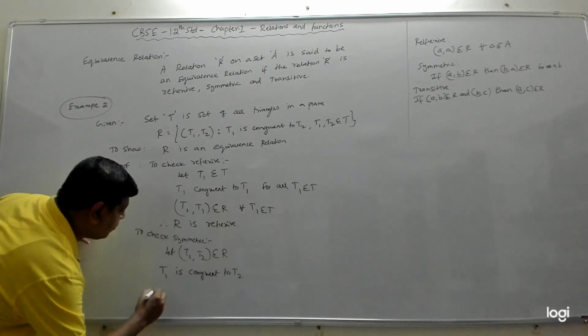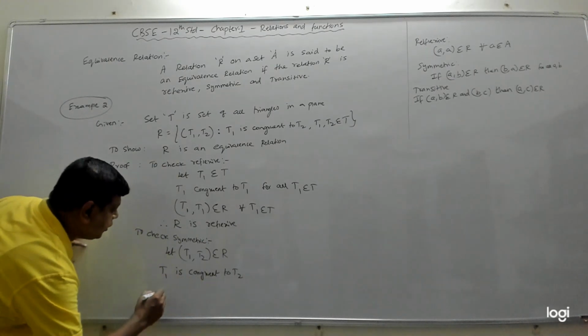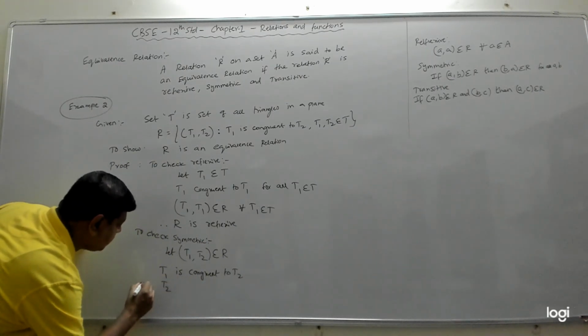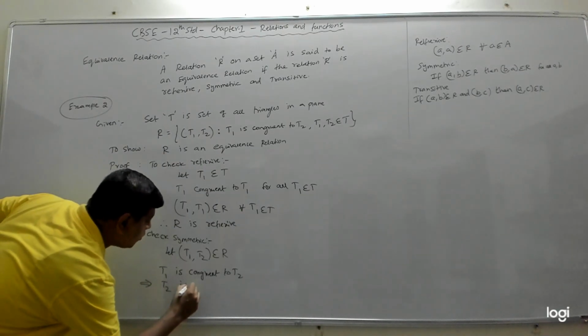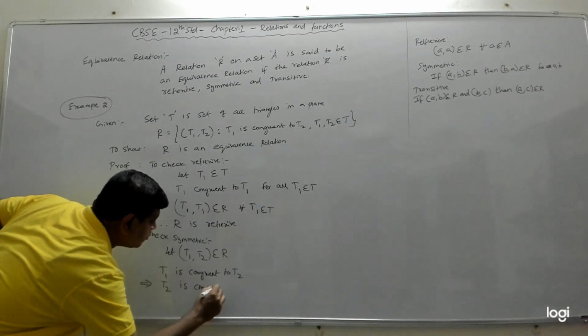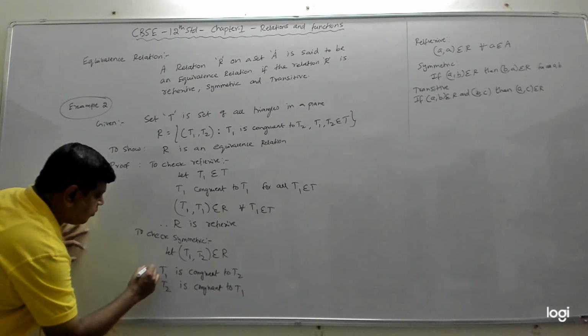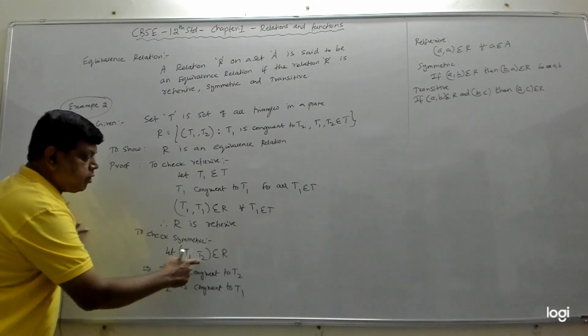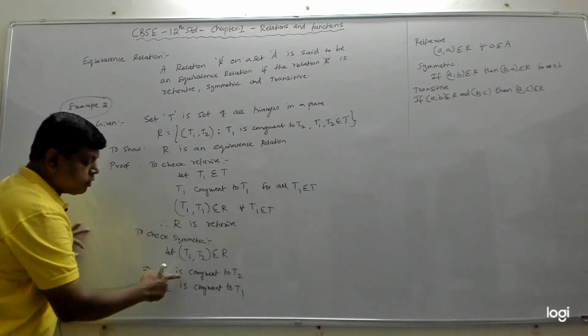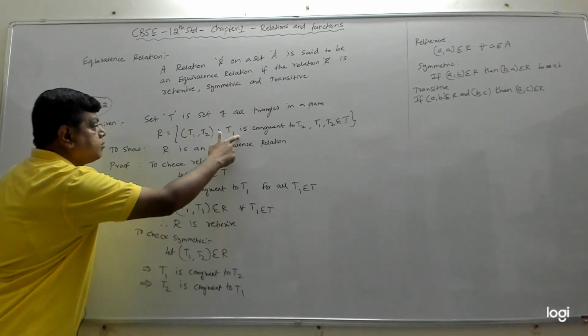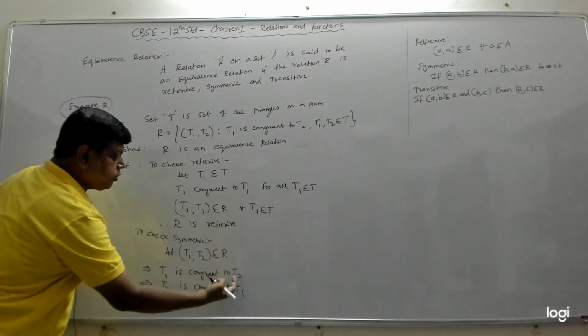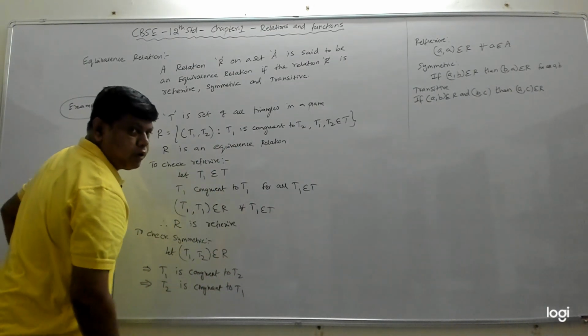So we can say T1 is congruent to T2, which implies T2 is congruent to T1. Whenever (T1, T2) belongs to R, it implies that T1 is congruent to T2 as per the definition. Then when T1 is congruent to T2, the reverse is true, which means T2 is congruent to T1.